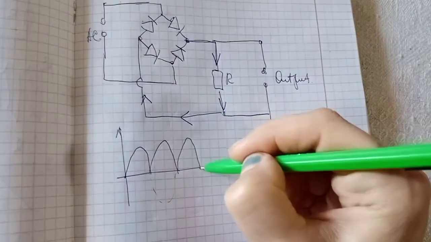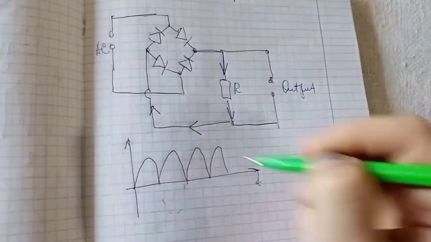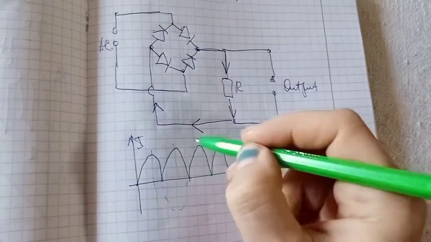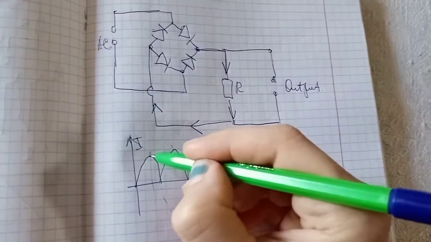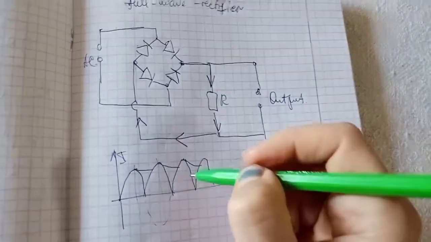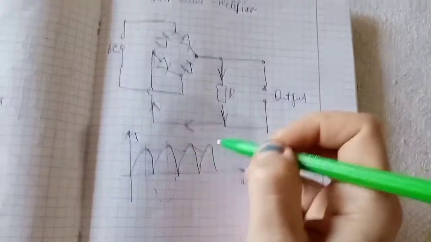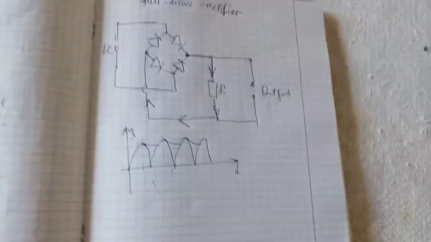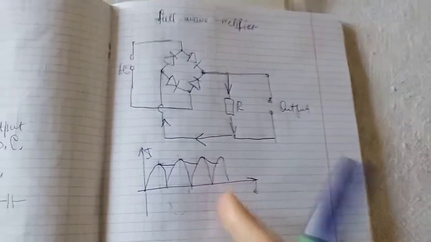We will have such a plot. And that's nice for us because we have closer peaks. That's why we need a smaller capacitance for the capacitor to make this signal more horizontal. That's very interesting.